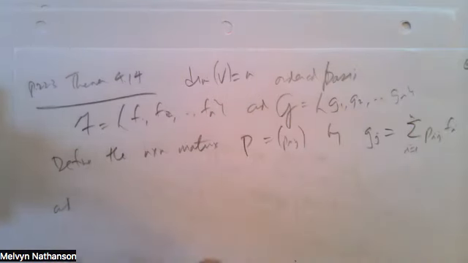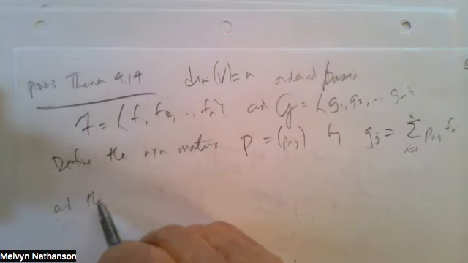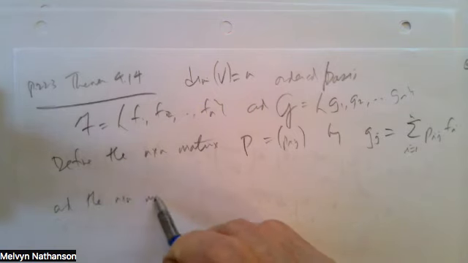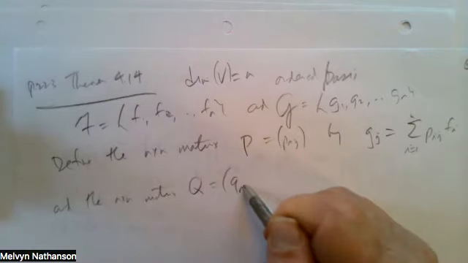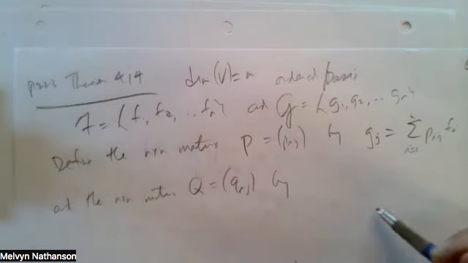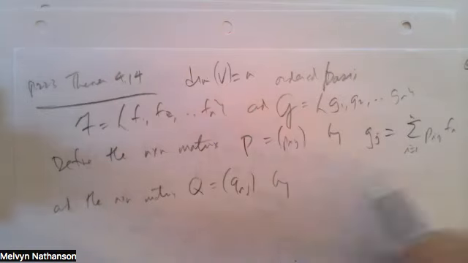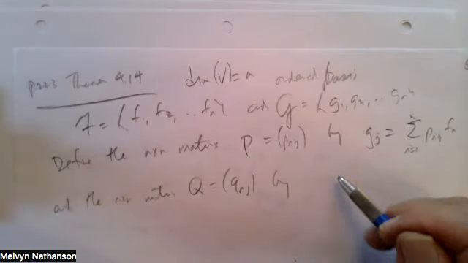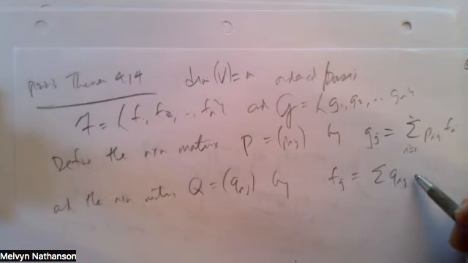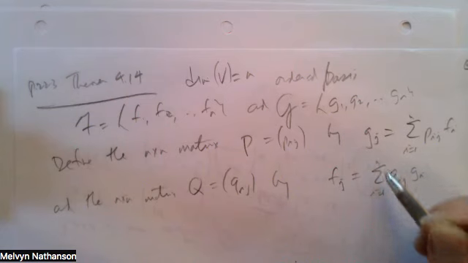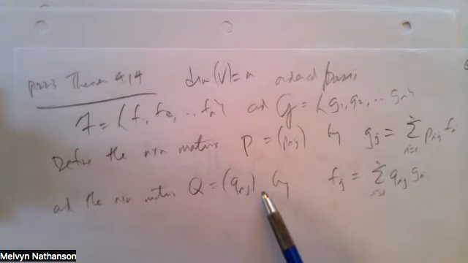And the n by n matrix Q with coordinates Qij, by the similar formula, you express each vector Fj as a linear combination, the sum of Qij G sub i, i goes from 1 up to n. And then the theorem says these are the change of basis matrices.